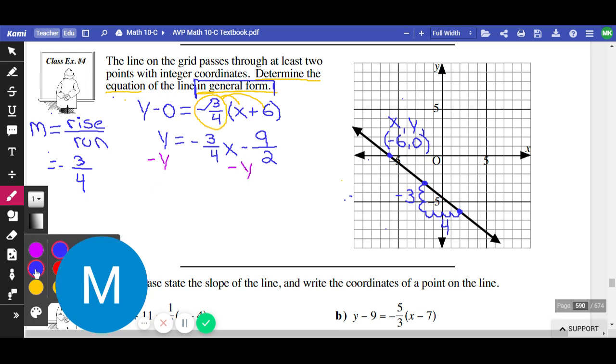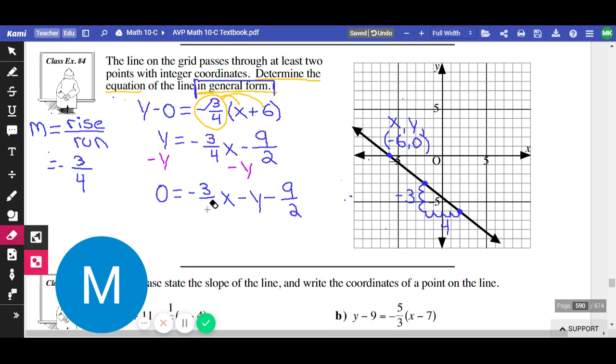That gives us 0 equals -3/4x, then we had a minus y, and then we had a minus 9/2. You can put 4.5 if you want. That is now equal to 0. That is now in general form.